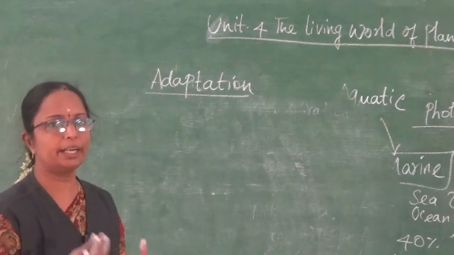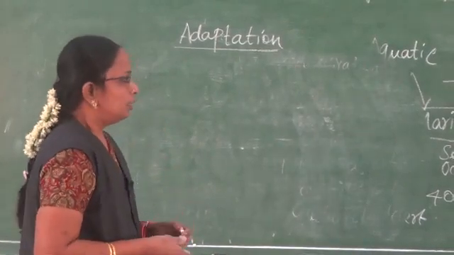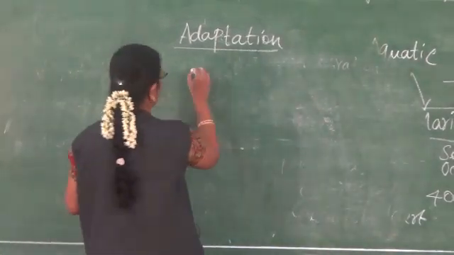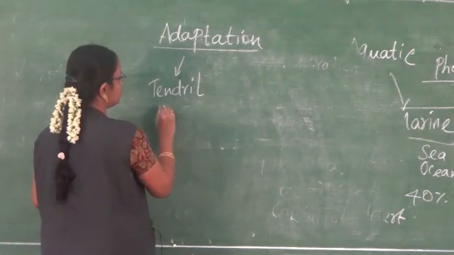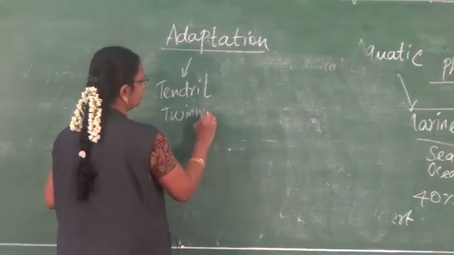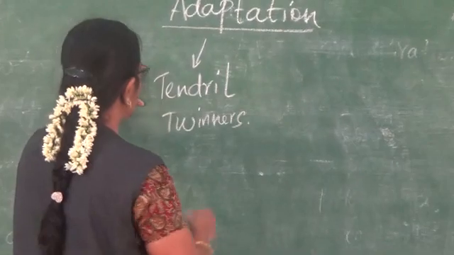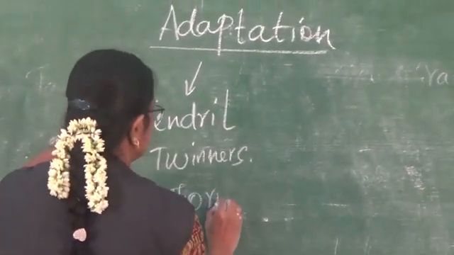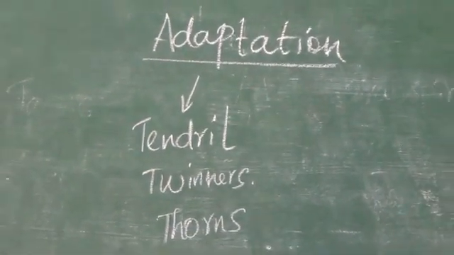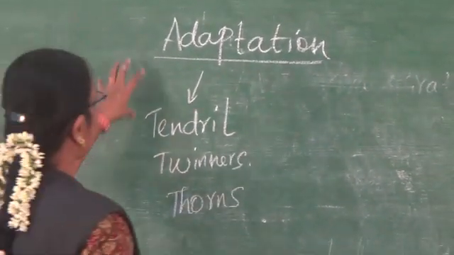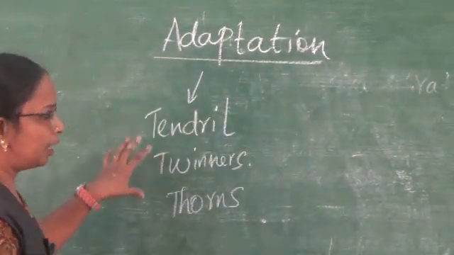In the plant itself, they develop some organ, that is known as adaptation. For example, there are three types of adaptation: tendril, twiners, and thorns. These are the adaptations that are found in the plant. In order to live their life, they do some modification in the plant itself, that is known as adaptation.